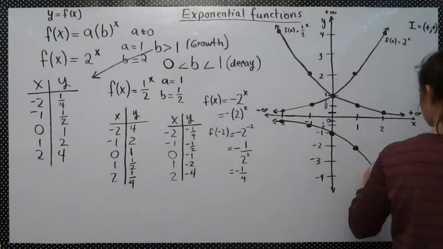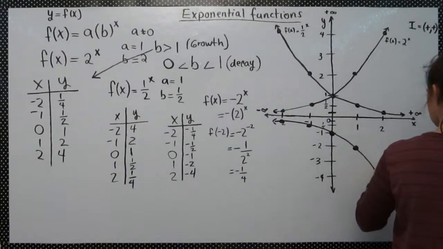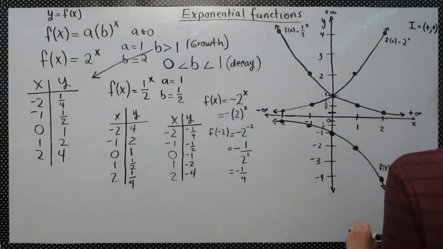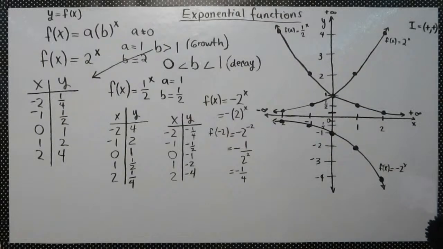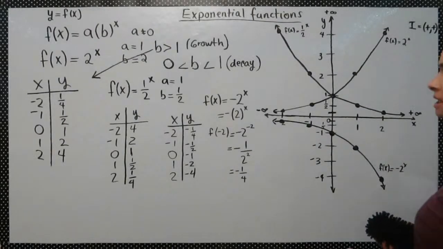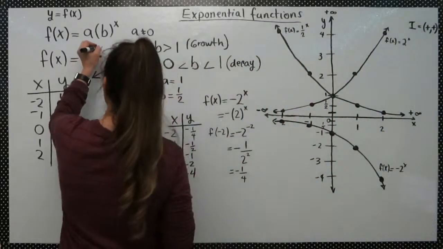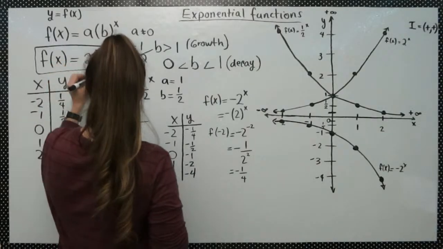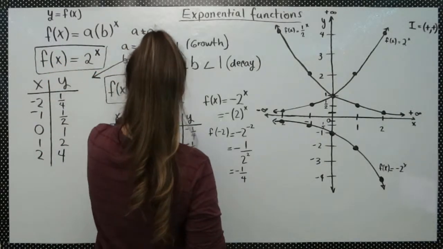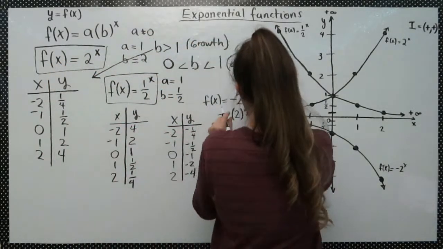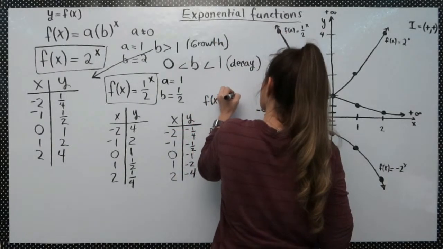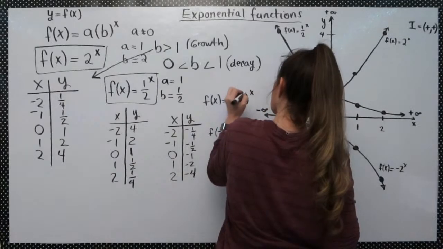So this one, we'll label it f of x equals -2 to the x. Okay. And then we've got one more graph to sketch. We have f of x equals 2 to the x here. F of x equals (1/2) to the x. This is, here, I'm gonna fix this one. F of x equals -2 to the x.